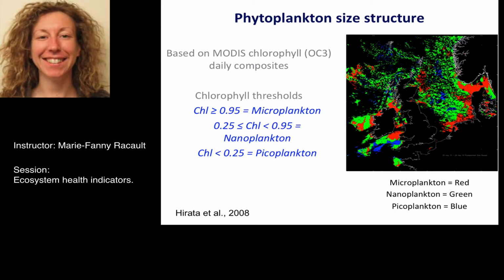If you rank your chlorophyll, then this is when you exceed that level. So maybe it's an indicator of when you get eutrophication or very high chlorophyll concentration, maybe something is happening in your system.